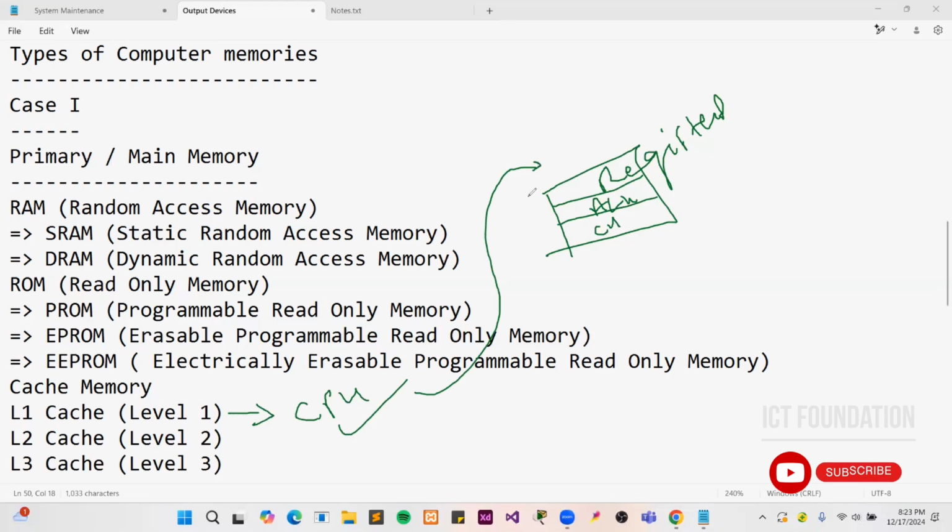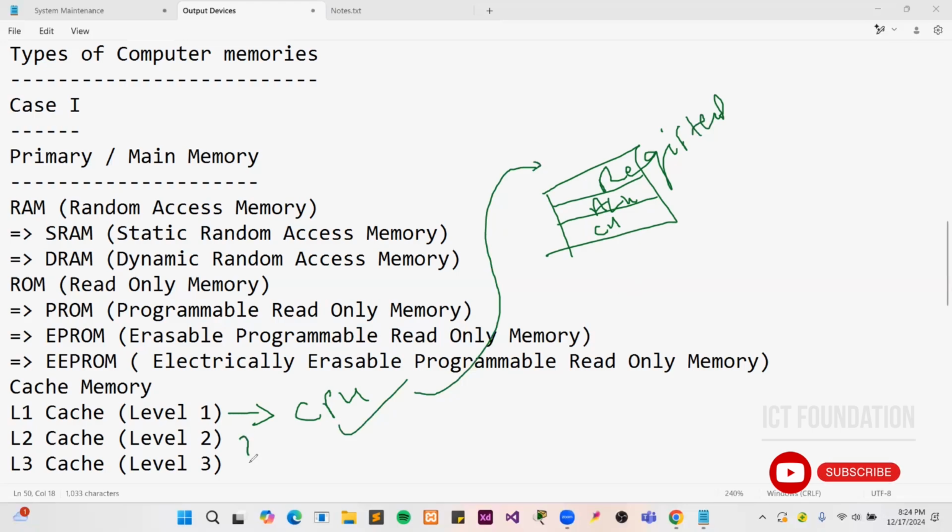L1 cache memory is a small size of volatile memory, and it is made with SRAM. So now you know the four types of physical components located within the CPU: CU, ALU, registers, and the last one we added, L1 cache memory.